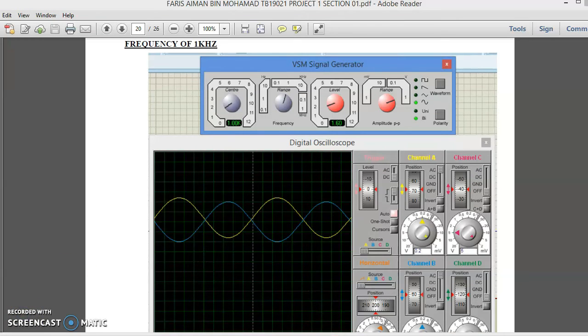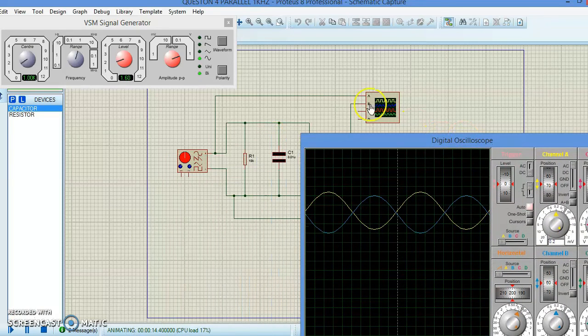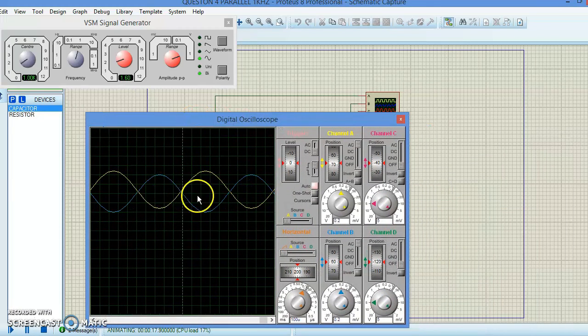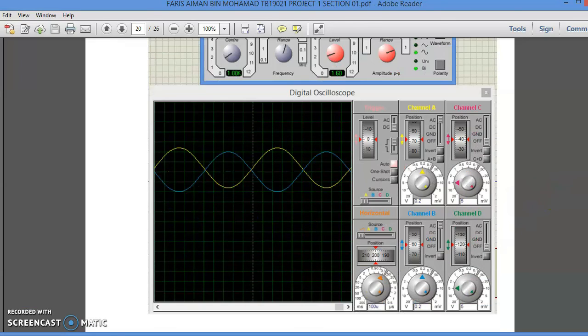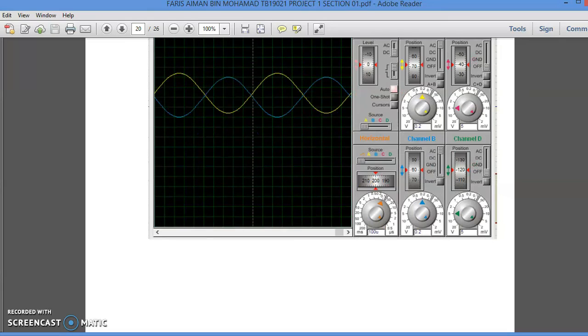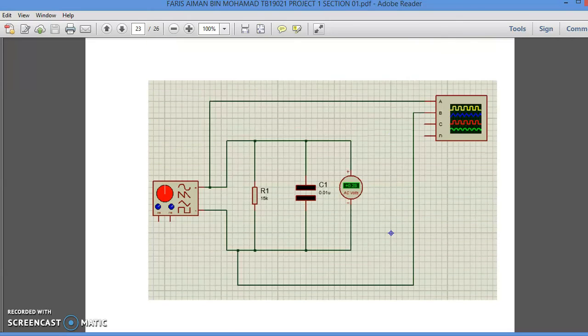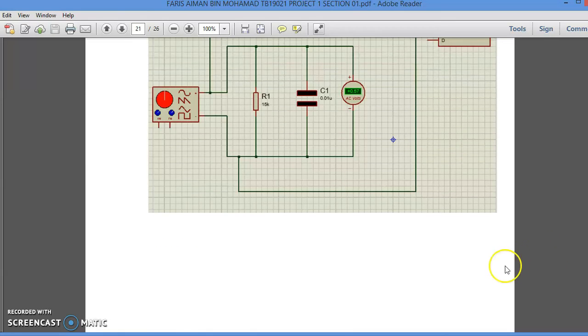We can see the circuit was set up like this, and the graph that I get is like this, and the value of voltage that I get is 0.5057 volt.